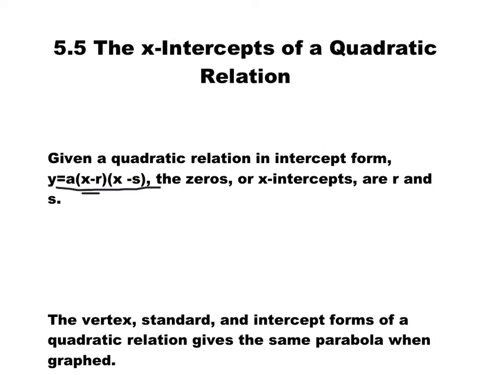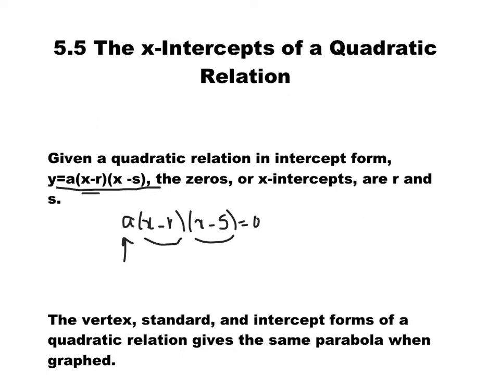Now, to find the zeros when you have the quadratic equation in factored form, we make it equal to 0 to find the x-intercepts, meaning we have to solve a times (x minus r) times (x minus s) equals 0. When the product of a, this bracket and this bracket is equal to 0, then at least one of them has to be 0.